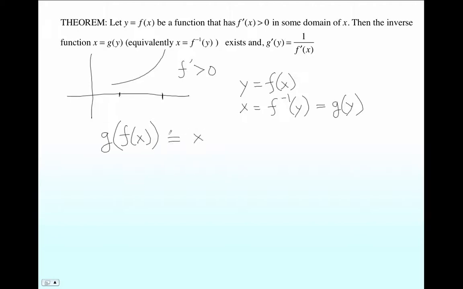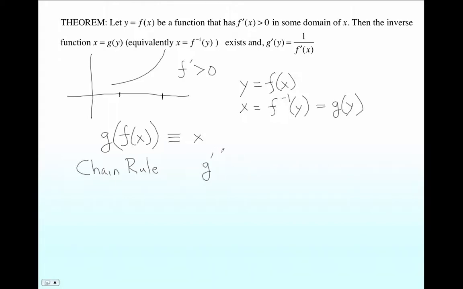That's the definition. Now, the next point is that we're going to use the chain rule, which we learnt about a couple of lectures ago. The chain rule says that if I differentiate the left-hand side, I'm going to get g prime.